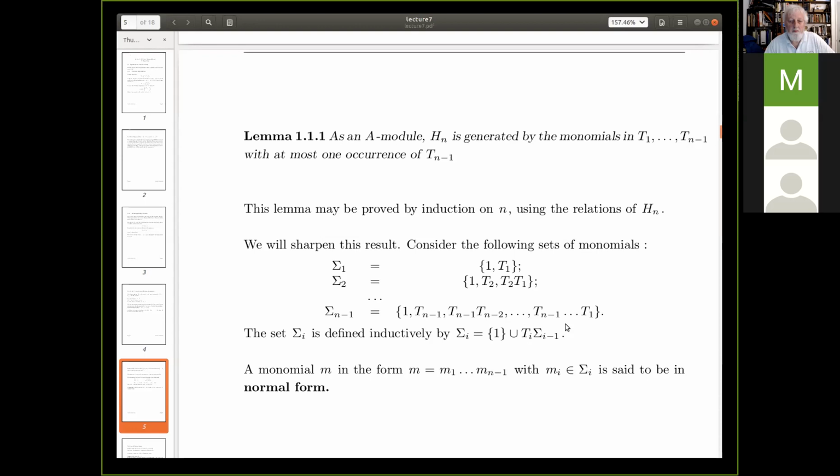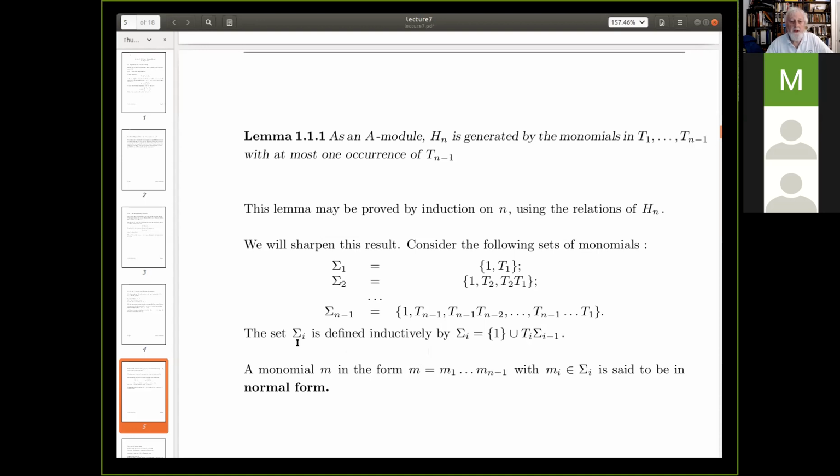As you see, each of these monomials has at most one occurrence of Tn minus 1. Here it's just on its own, here it's combined with Tn minus 2, and so on. And this is just the product of a lot of them.